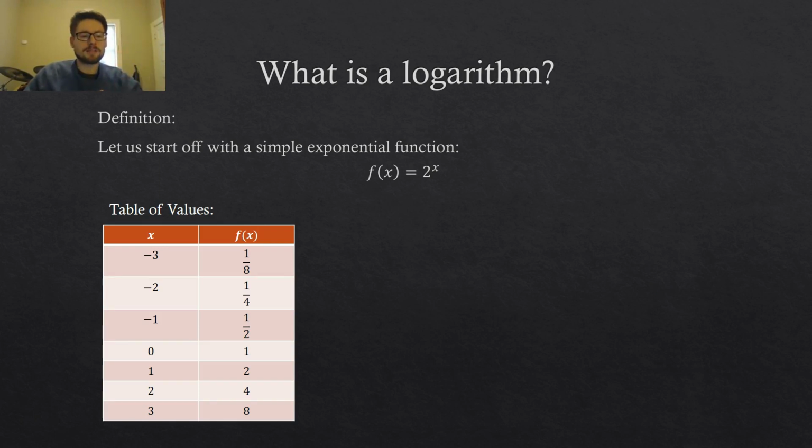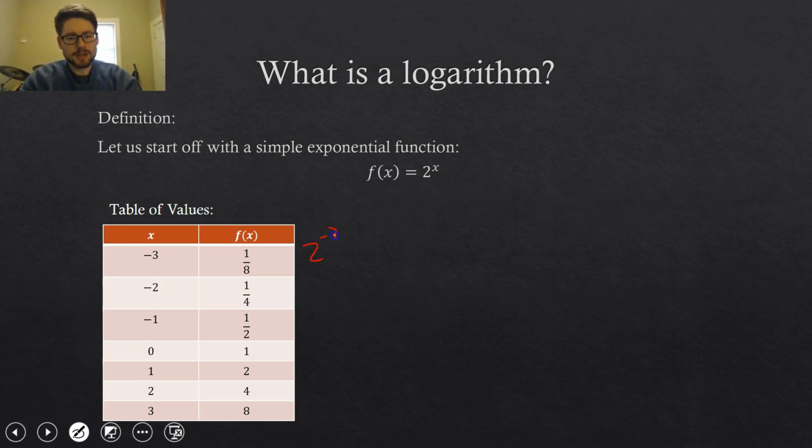If you put -3 in, you get 1/8 out. 2 to the -2 gives a quarter, -1 gives a half. Each time you go up by 1 in the left column, you multiply by 2 in the right column.